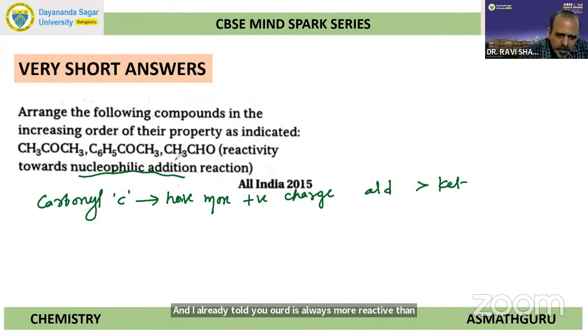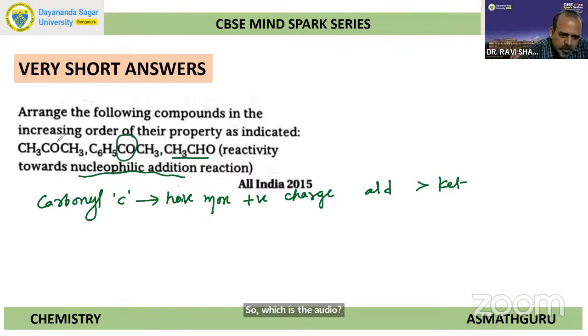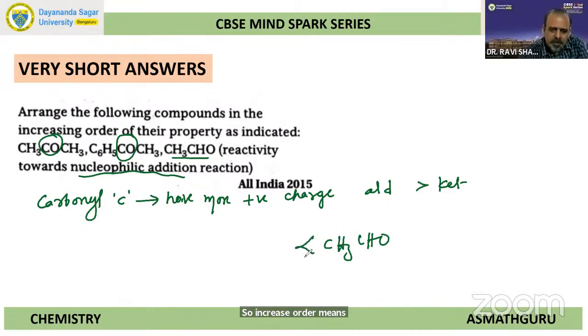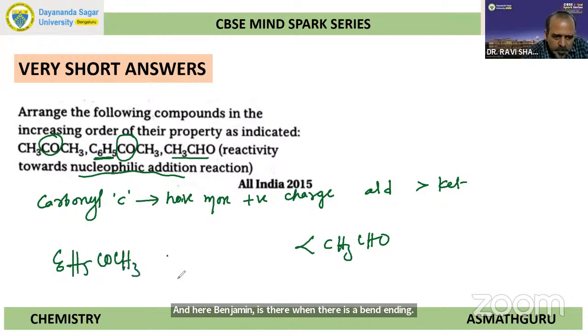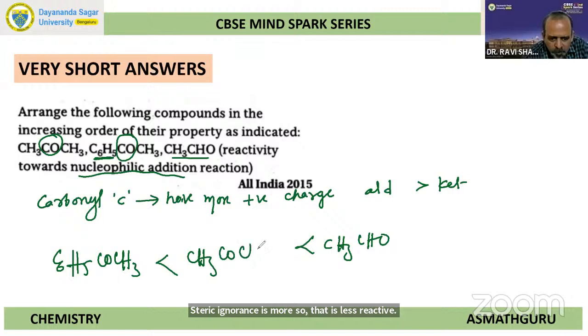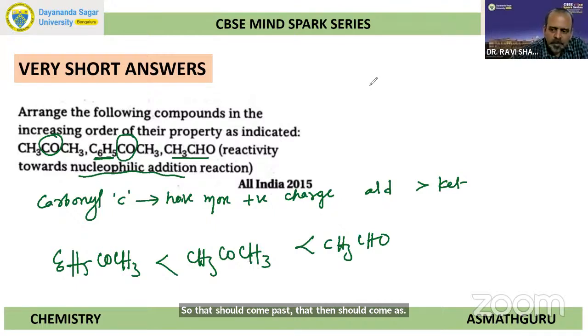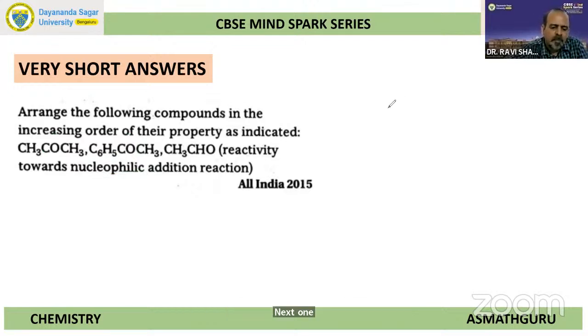So which is the aldehyde? CH3CHO is the aldehyde, whereas these are ketones. So in increasing order, CH3CHO is most reactive and everything else is less. And here a benzene ring is there. When there is a benzene ring, steric hindrance is more, so that is less reactive and should come first. Then should come acetone. Next one. All this you can take a screenshot.